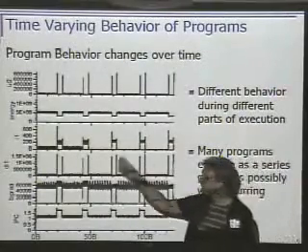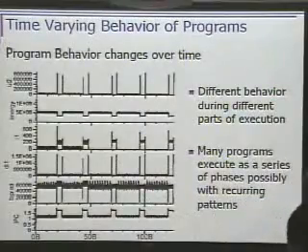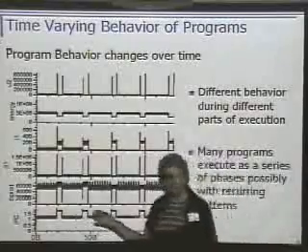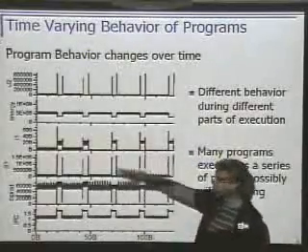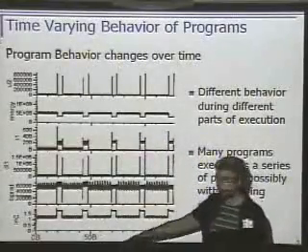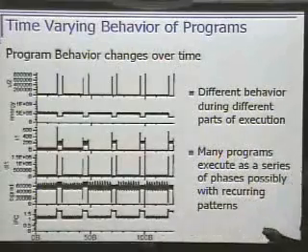And if you notice, there are obviously trends. So we intuitively know that programs don't behave randomly, that there are patterns. And so the idea of phase behavior is to identify these trends or patterns in the execution that go across metrics uniformly, and those are what we call phases.